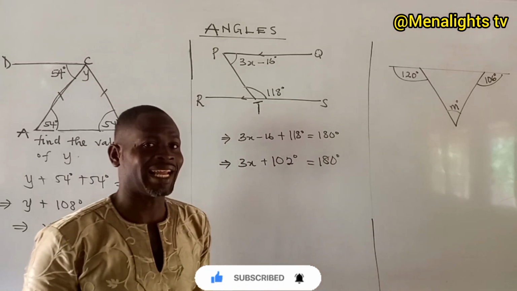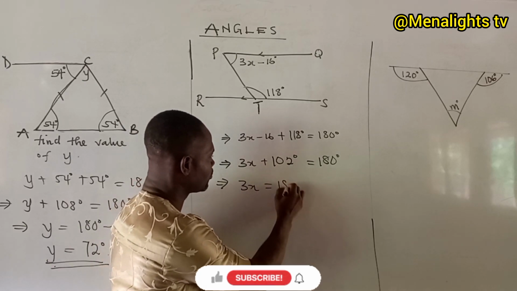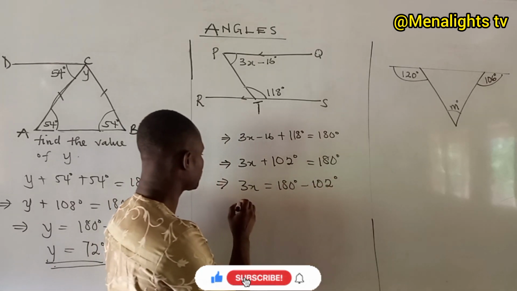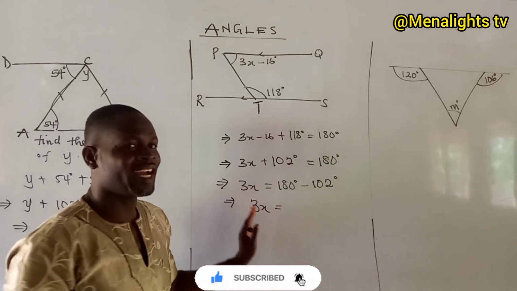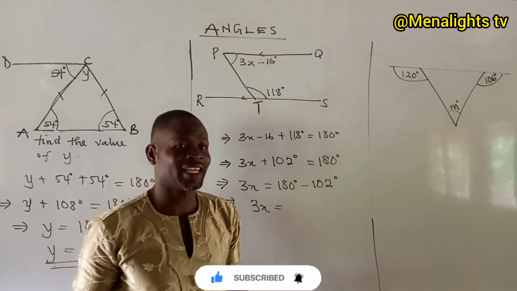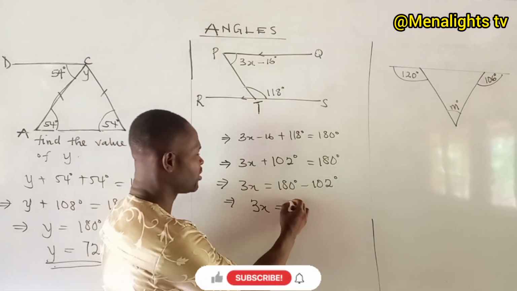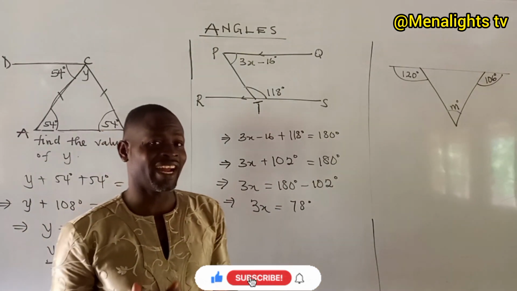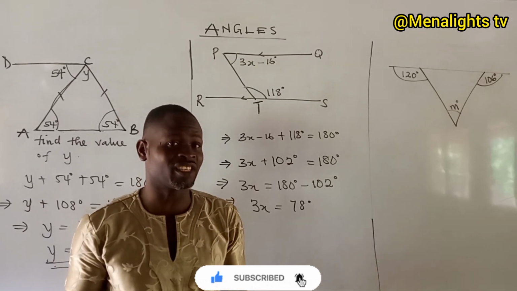degrees. So let's group the like terms and see what we have. So we have 3x, which is equal to 180 degrees minus 102 degrees. So there we are left with 78 degrees. So since you are looking for the value of x, not 3x, then we have to divide by the coefficient of x, which is 3.